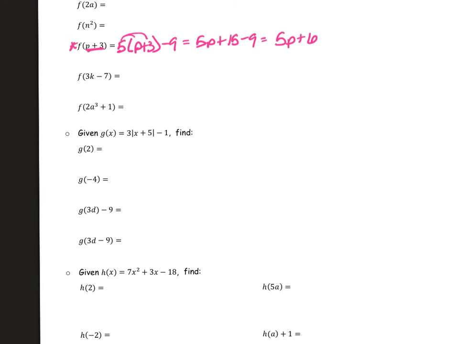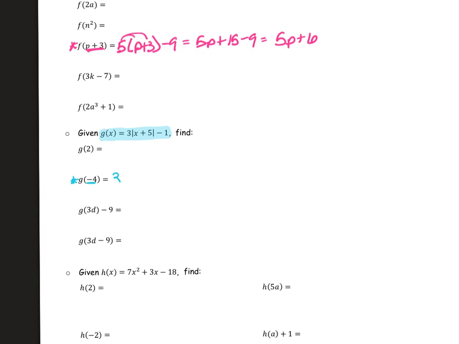So now I'm given the function g of x equals 3 times the absolute value of x plus 5 minus 1. Okay? And I think I'm going to do this one this time. Okay? So here we go. So wherever there's an x, I'm going to put negative 4, right?